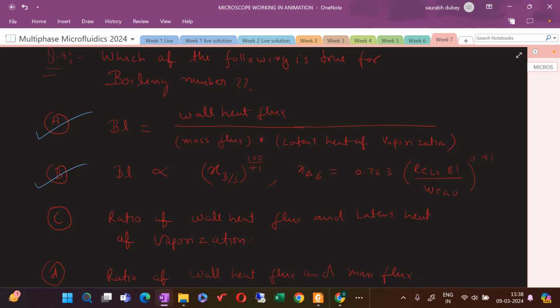So it is depending on that. These two options are incorrect because A is correct. So you just repeat.